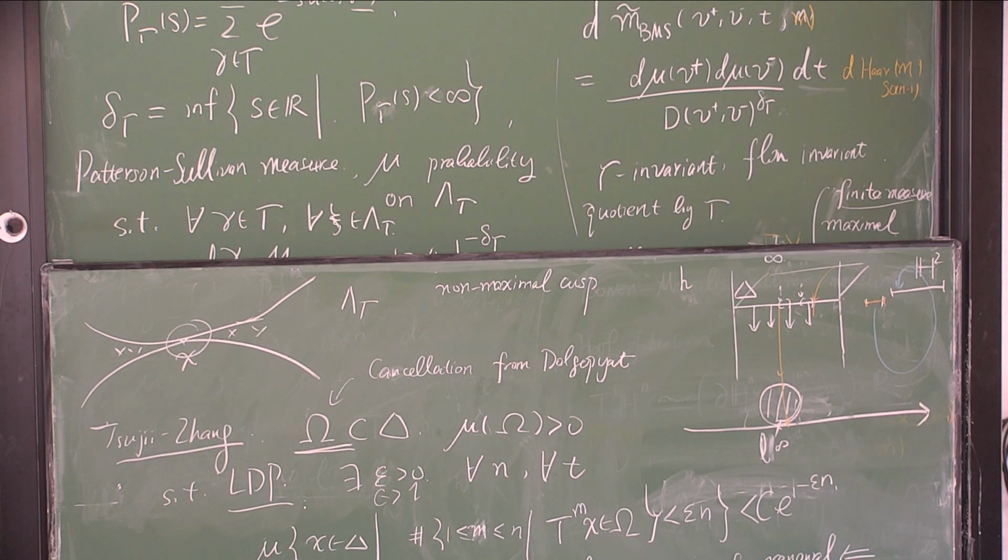Moreover, in order to use this residual waiting time from renewal theory to get this large deviation, we need some rate for the error term. In order to get the rate of the error term, what we use is the exponential mixing of the geodesic flow.